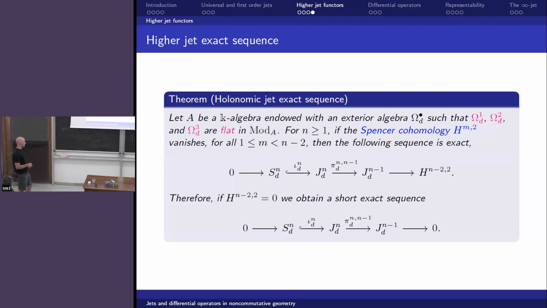There are reasons why you want this sequence to hold, but in order to get it to hold, you need this Spencer cohomology to vanish, which classically always does, but in this noncommutative setting, you need to check that your Spencer cohomology vanishes. And for this sequence to be short exact in general, you also need omega 1, omega 2, and omega 3 to be flat as right A modules.